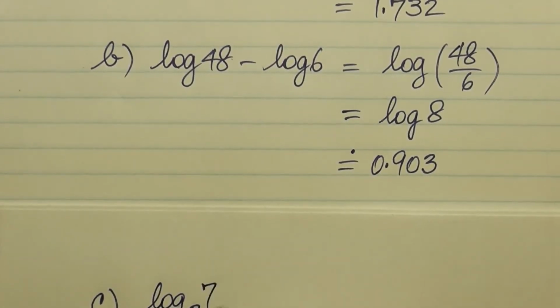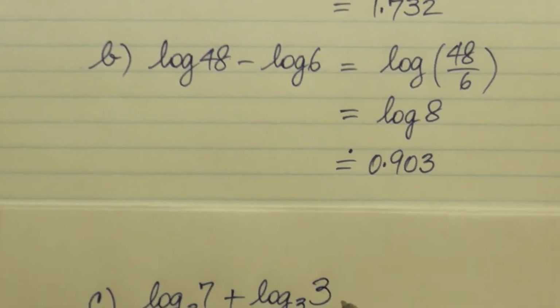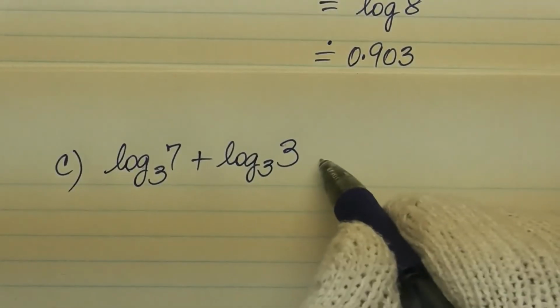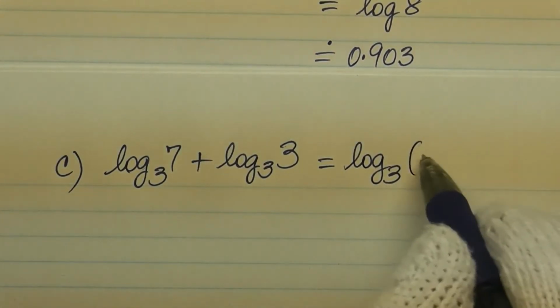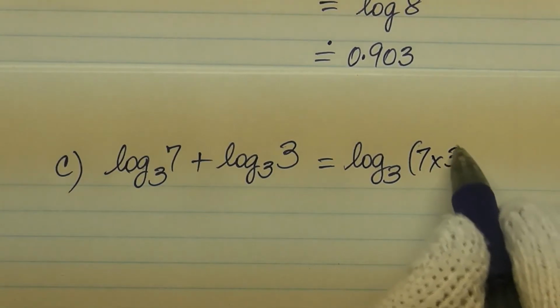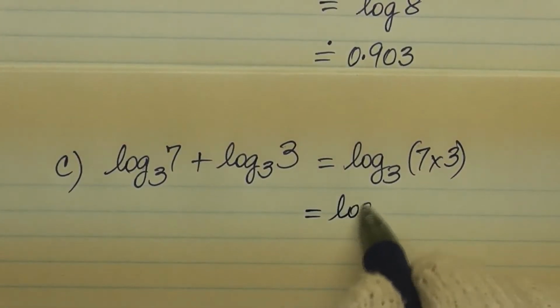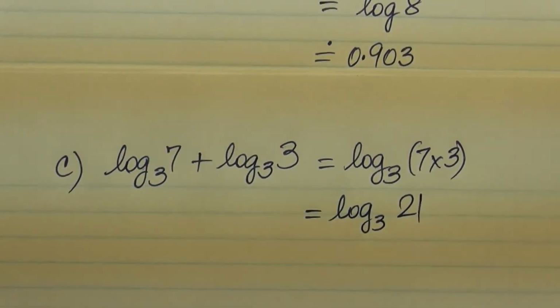Log base 3 of 7 plus log base 3 of 3, that's going to be log base 3 of 7 times 3, or log base 3 of 21.